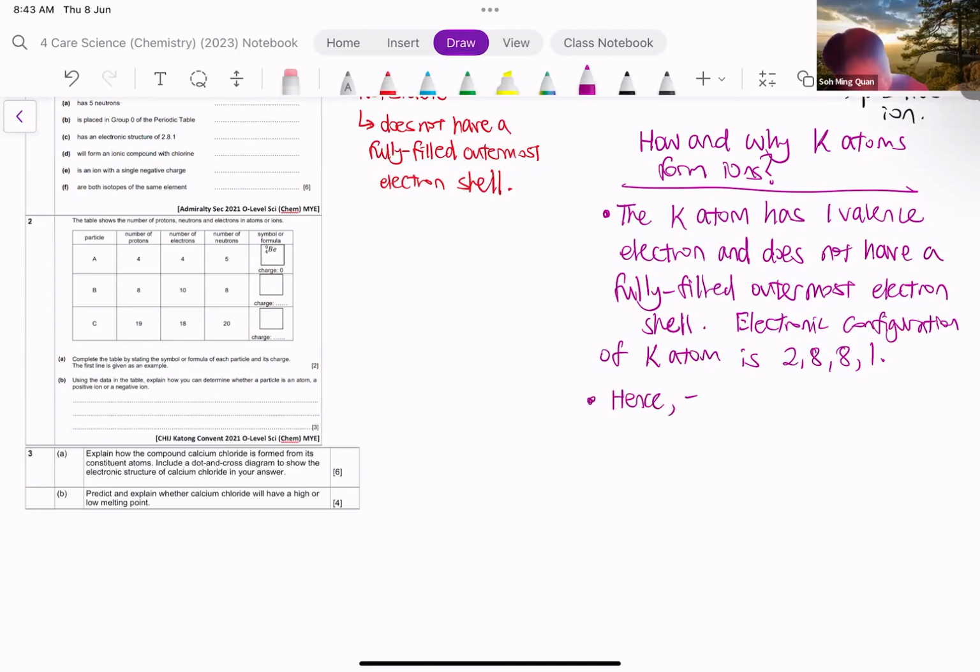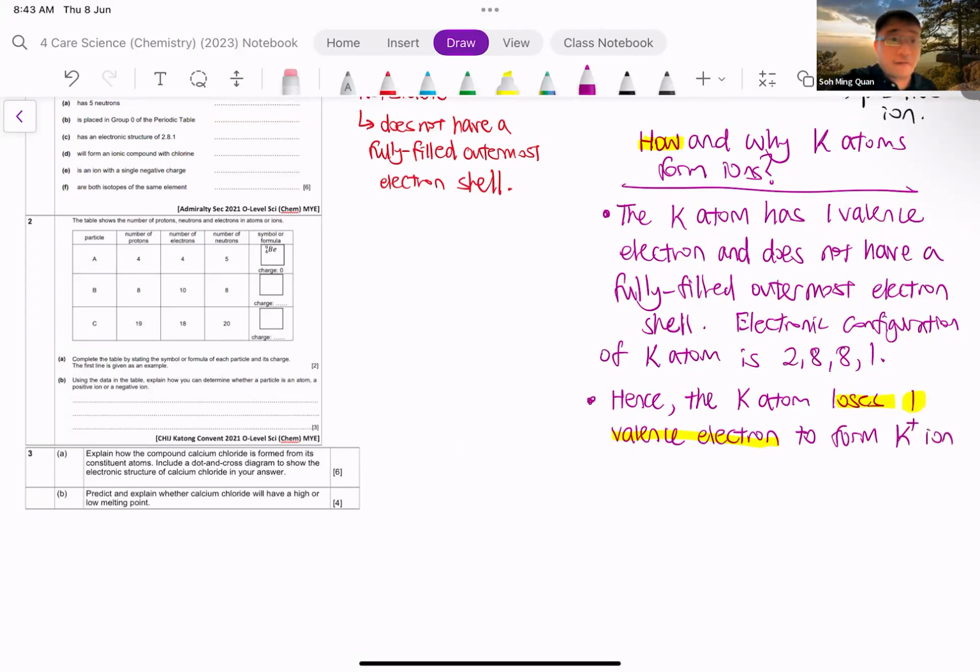Hence, the potassium atom loses one valence electron. So this is the how. The how is that it loses one valence electron. And when it loses that one valence electron, remember, losing electrons means it becomes a positive ion. You lose one, therefore it's K plus. So potassium forms K plus because it loses one valence electron.